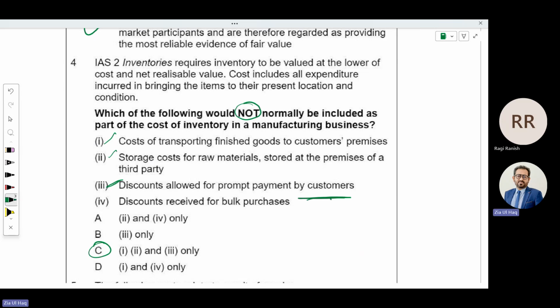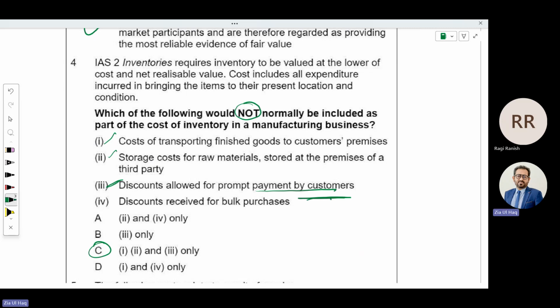For finished goods it should not be part of cost. It is cost. 3, discount allowed for prompt payment by customer. Yes. We have allowed a discount to customer. If you pay us early, we will provide you discount. That is not relating to cost. That's relating to sale.